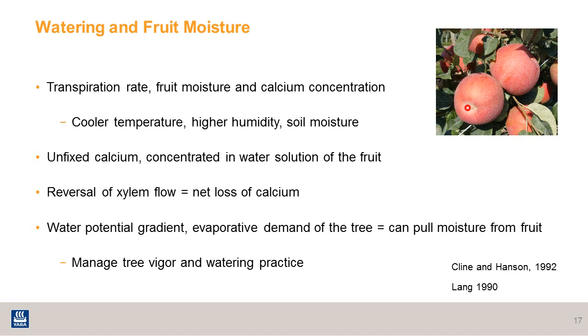The moisture from the fruit can sometimes get drawn back out into the leaves, taking calcium with it. So the leaves can actually take calcium away from the fruit. It is very important to manage your tree vigor and your watering practice so that this outward movement of calcium from the fruit into the leaves is minimized.